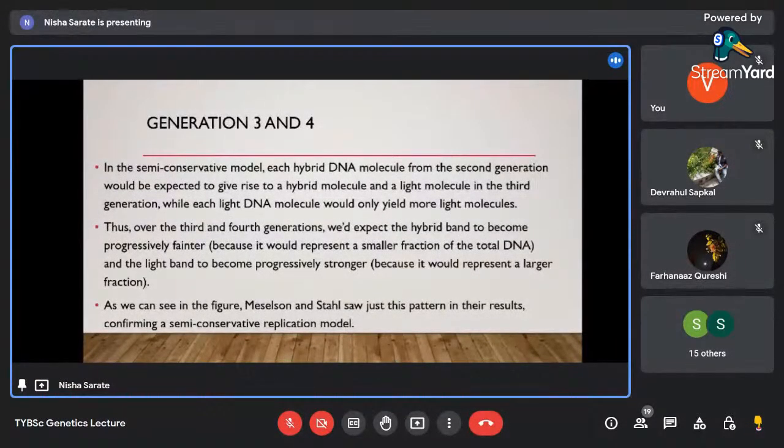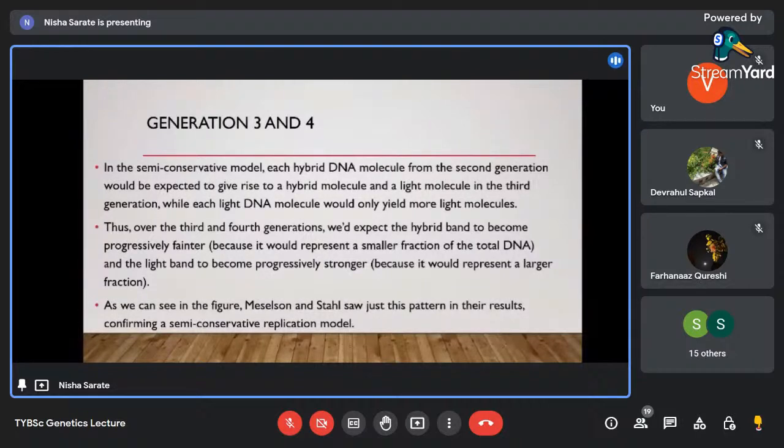Generation 3 and 4. In the semi-conservative model, each hybrid DNA molecule from the second generation would be expected to give rise to hybrid molecules and a light molecule in the third generation, while each light DNA molecule would only yield more light molecules.